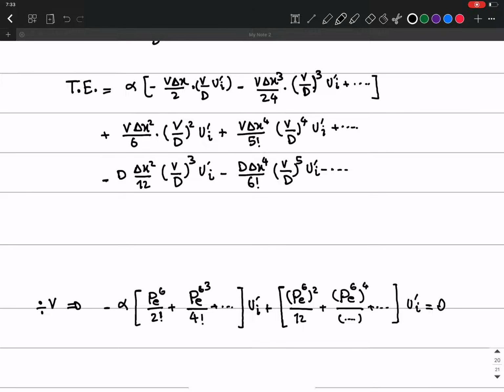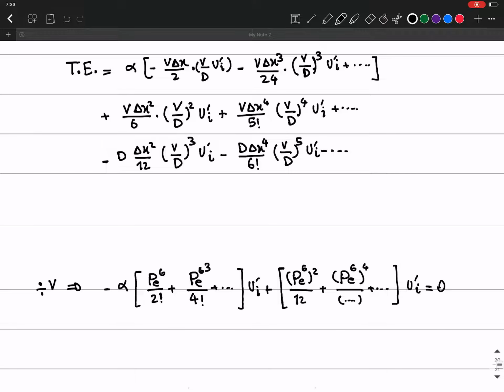I want to set the Taylor truncation error to 0. So it's a very extreme kind of behavior. I want to see whether I can completely set the Taylor truncation error to 0 by doing this.